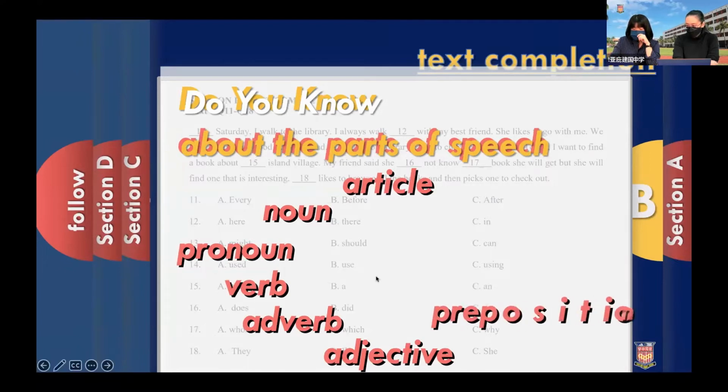Okay, next, preposition. Prepositions are used to describe the relationship between a noun and a place. For example, where do I put my laptop? I put my laptop on the table. On the table. In the car. Yes, above. Maybe we can say there is a rubbish under the table.